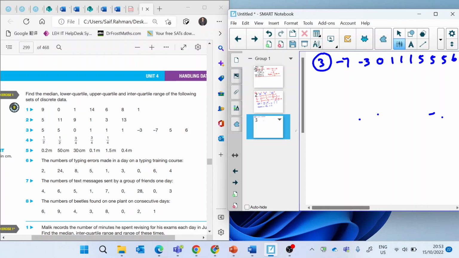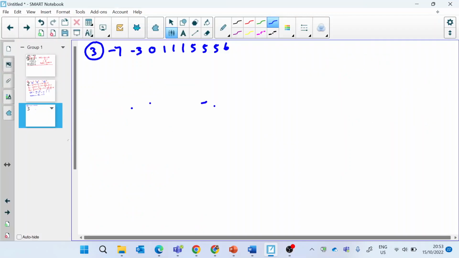That is 10 numbers in total, so here we are done with writing our numbers.